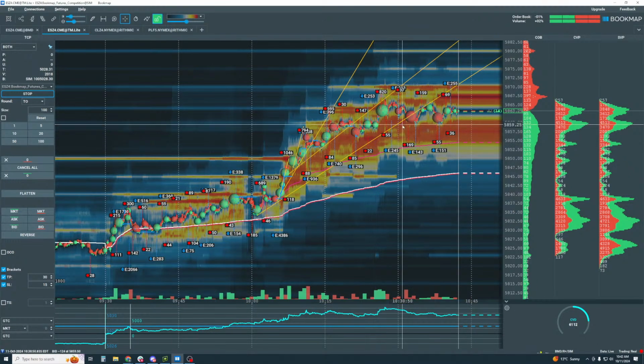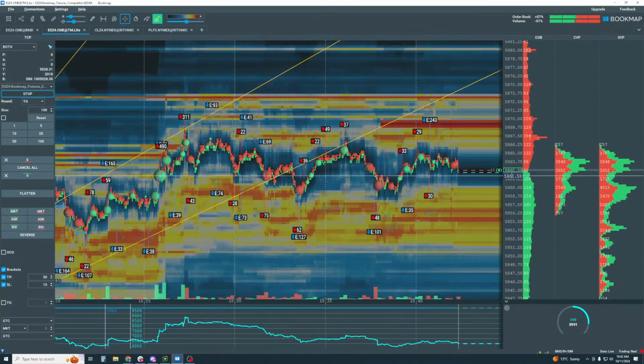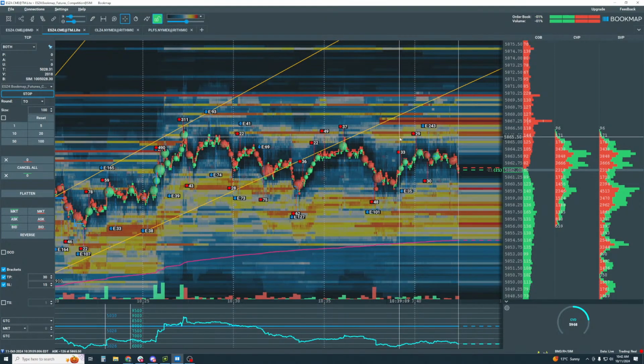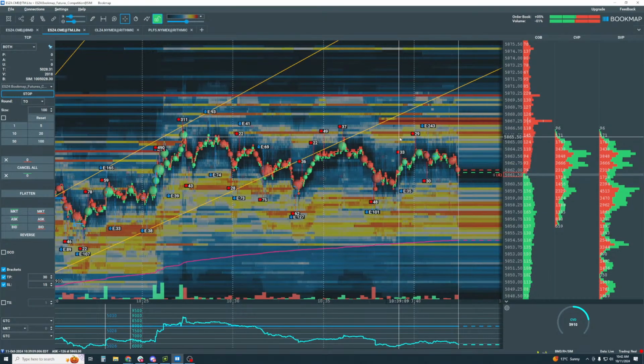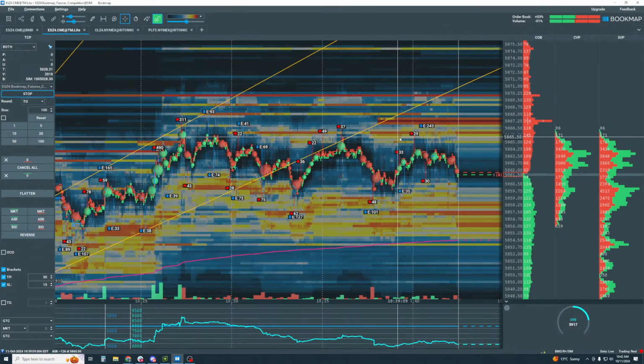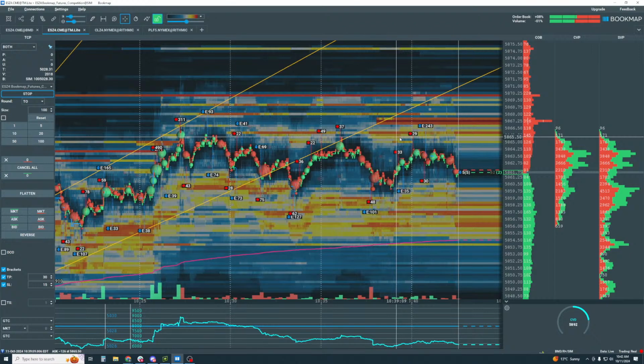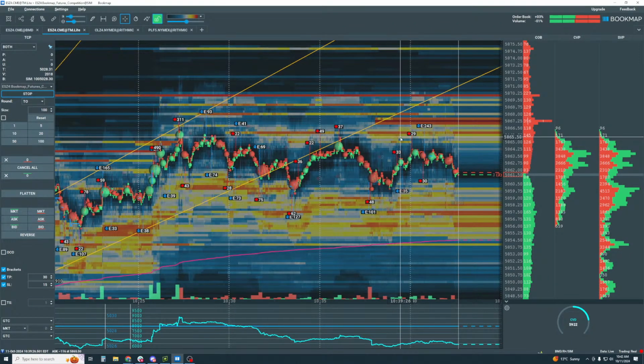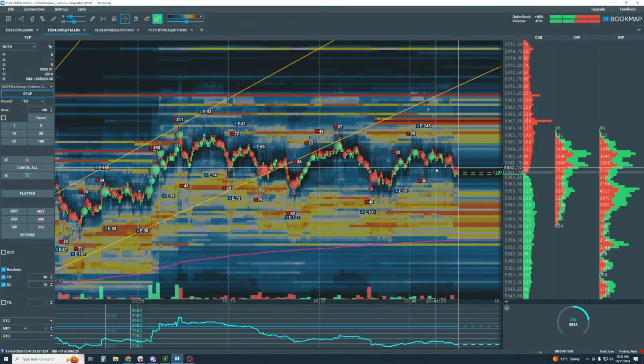But let's jump into the order flow in more granularity and detail, just for the sake of understanding these elements on the chart and liquidity. So that's why we're going to look at the lower time frame here.